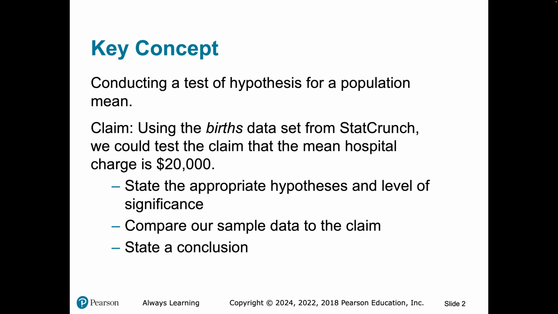Next, we'll compare our sample data to the claim. If it's really close, then there's no reason to suspect the validity of the claim. If it's a long way away, then maybe we suspect that the claim is not true. And again, there's a very rigid procedure for that, which I will teach you. And then we ultimately make a conclusion and state our results.